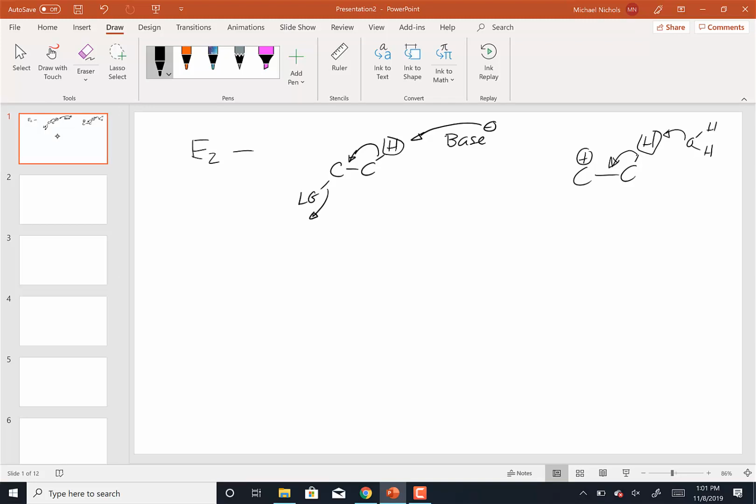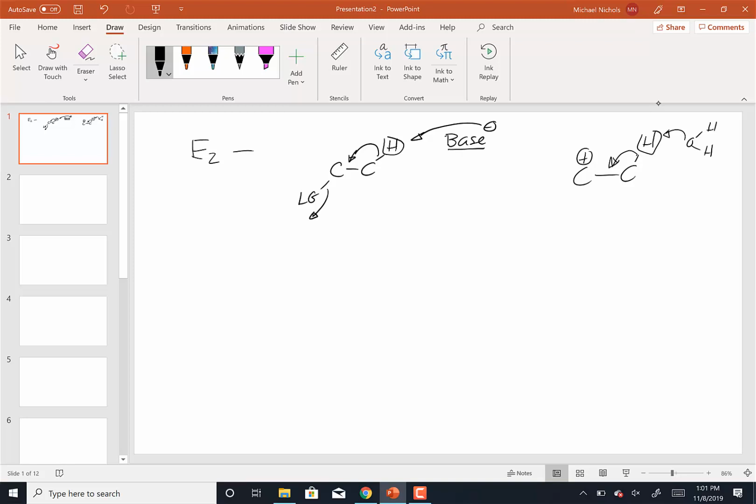The reason I don't usually show the water molecule coming in and getting the hydrogen is because I want to make the point with E2 that this base is active. That base starts the process by coming in and ripping the hydrogen off. The water doesn't rip the hydrogen off.